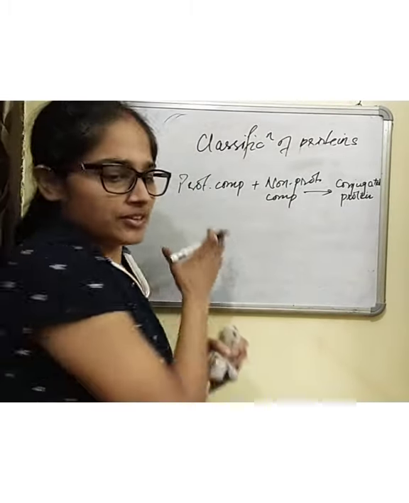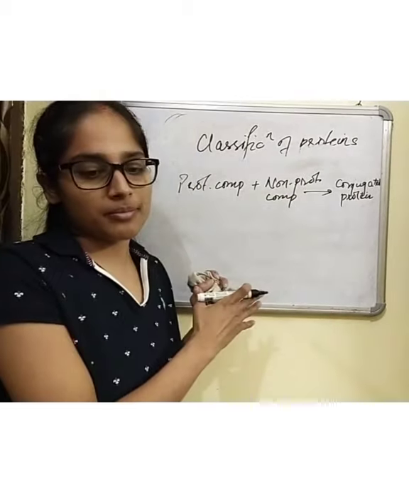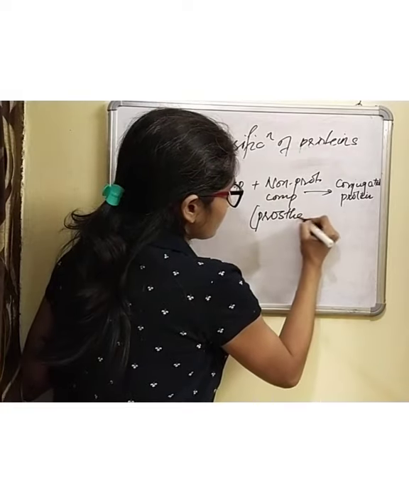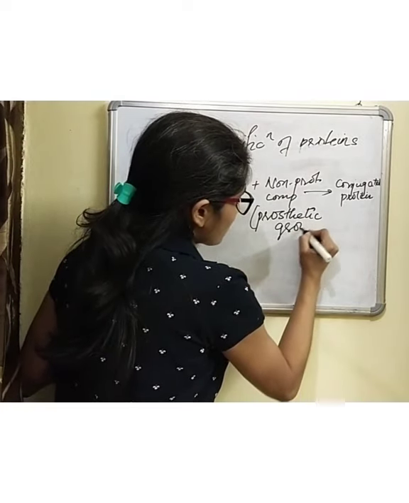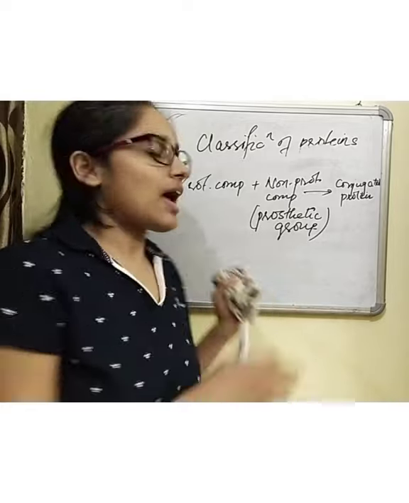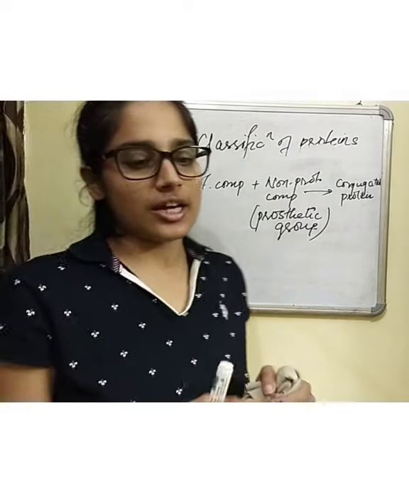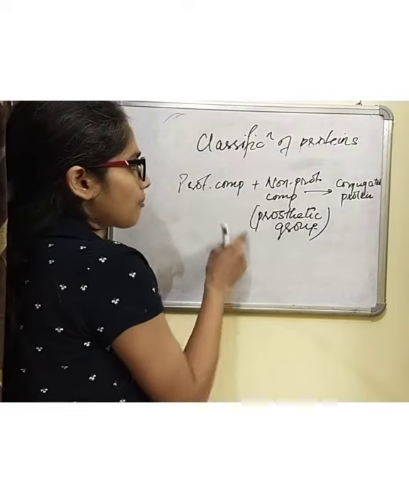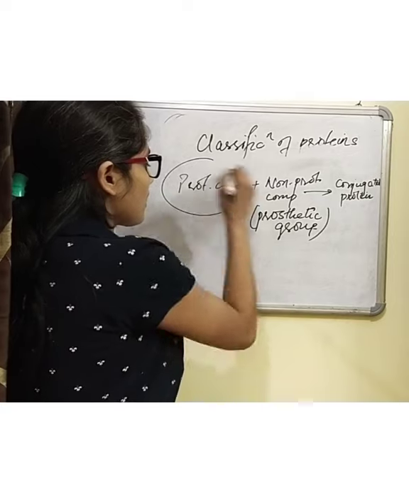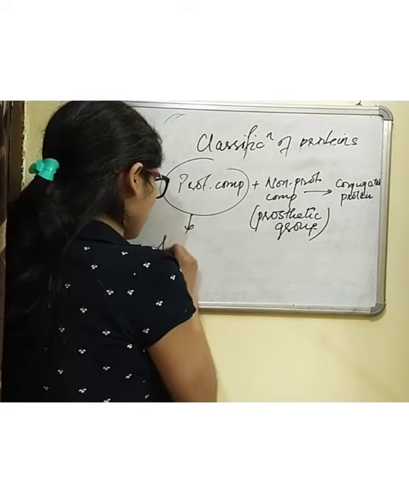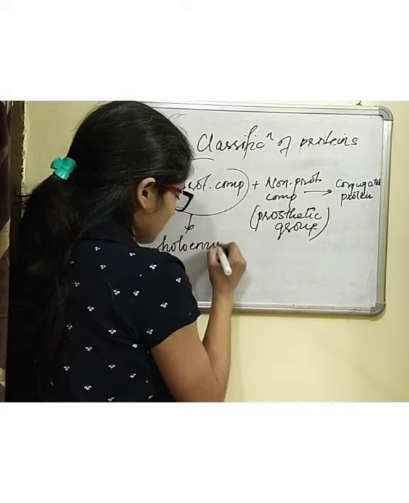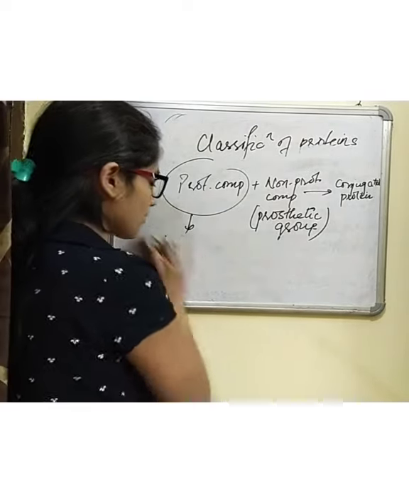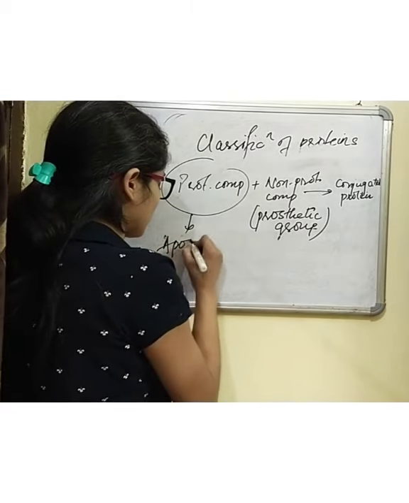This non-protein component is also known as a prosthetic group. The part of the conjugated protein without its prosthetic group, just the protein component, is known as... sorry, it is known as apoprotein.